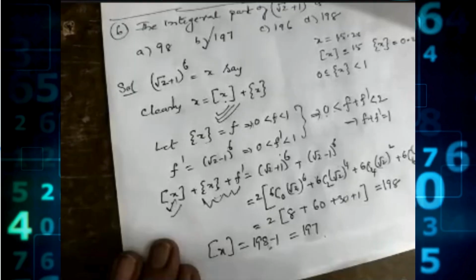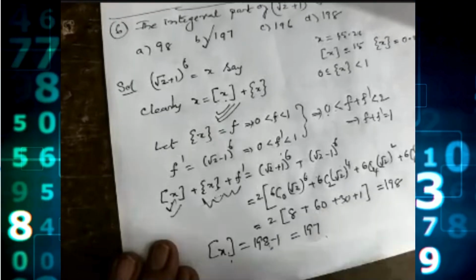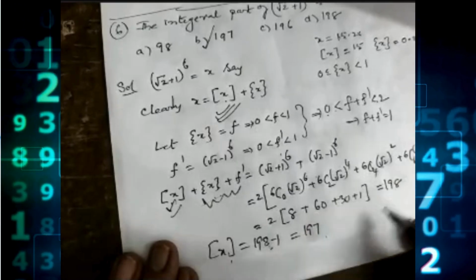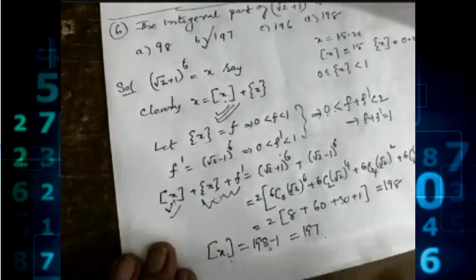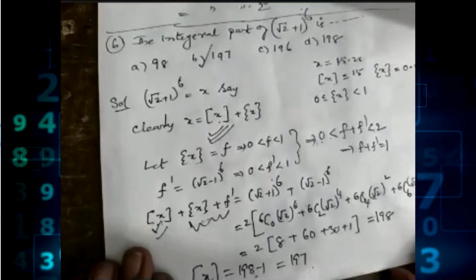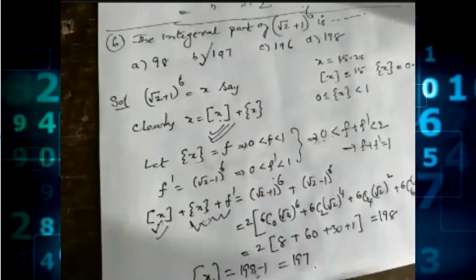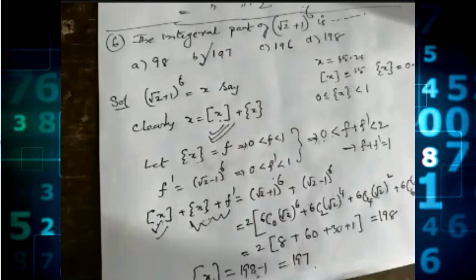Hence, step of x or integral part of x, which is the main thing wanted here, is 197. Are you able to follow? Sure. Undoubtedly, it is a good question. Understood?